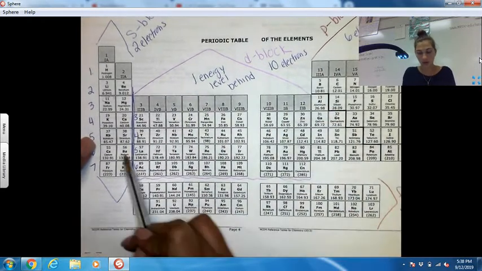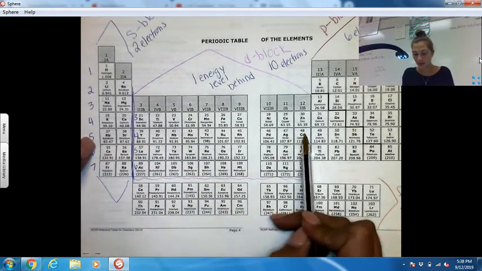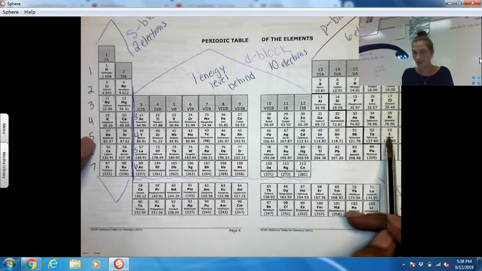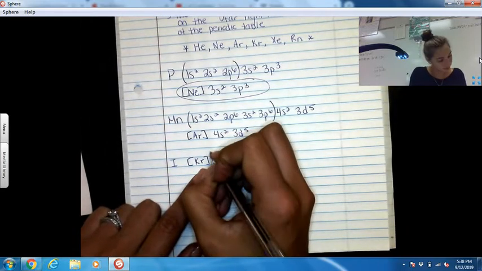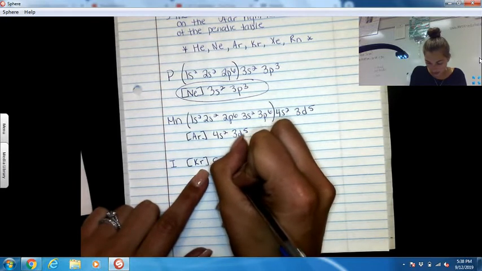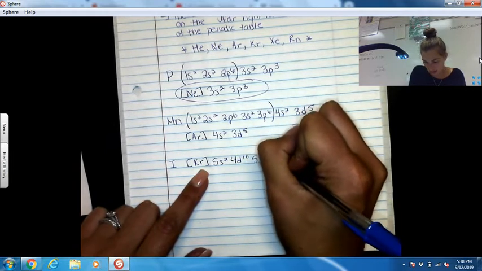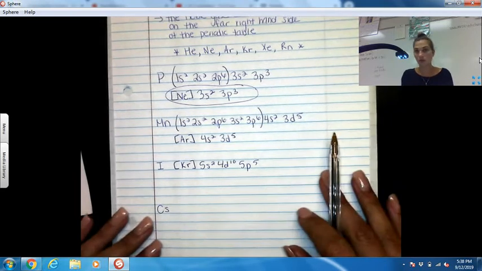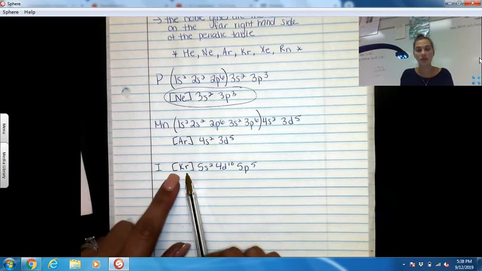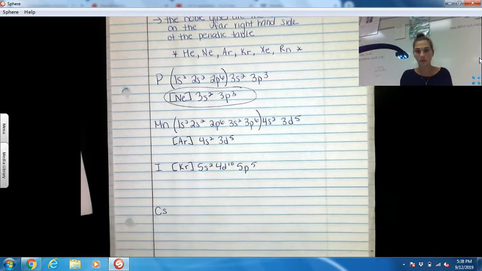So I have to go all the way through my 5s2, my 4d10, and then back into my 5p5. So we are at 5s2, 4d10, and then 5p5. It's really the same thing as what we're doing with electron configuration, but now you can just start a little bit later by using this noble gas in order to cut off the beginning part.